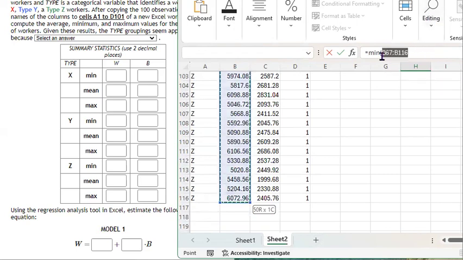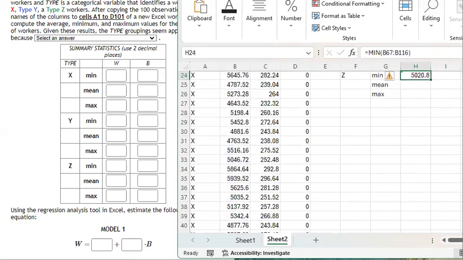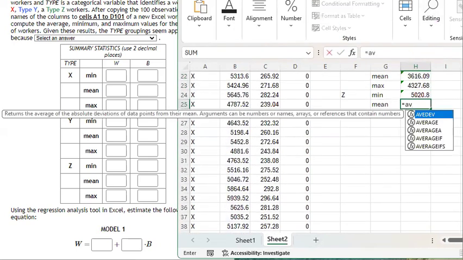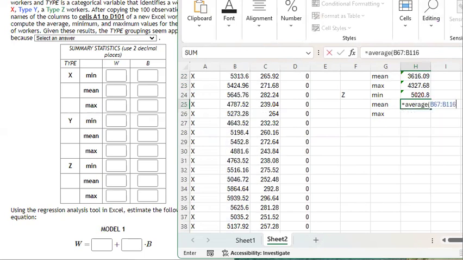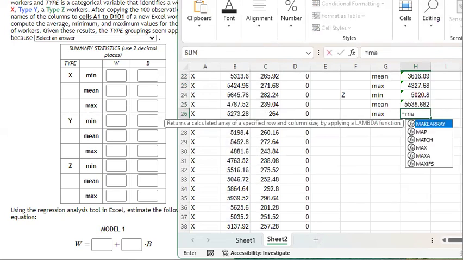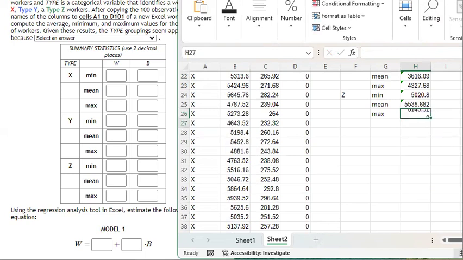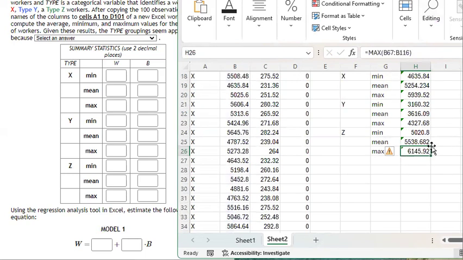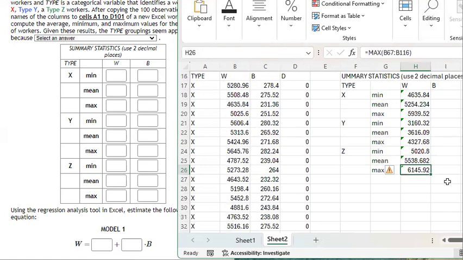So I'm going to copy this, right? I'm going to copy that. And I'm going to type equal average here. And I'm going to get the max, equal max, right? Okay, so for the type Z worker, the lowest type Z worker wage is 5,000 a month. The highest is 61 a month, right?